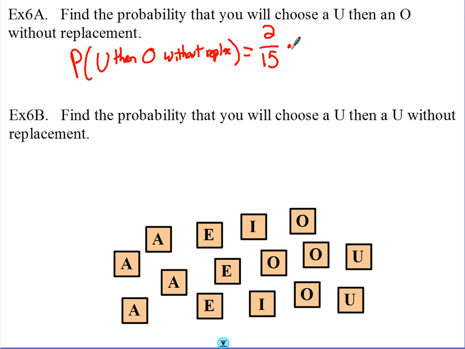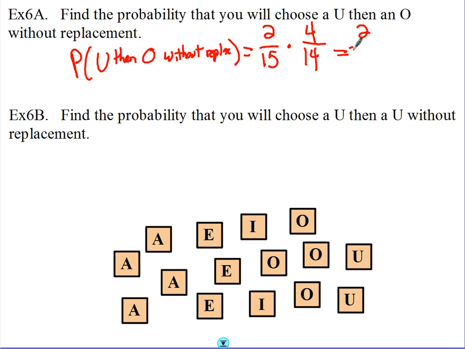So for the next one, when I'm picking my second one out, instead of having 15 total, I now only have 14 total. Because I took one out and I did not replace it. Out of all of those, I have 4 different O's. Right?